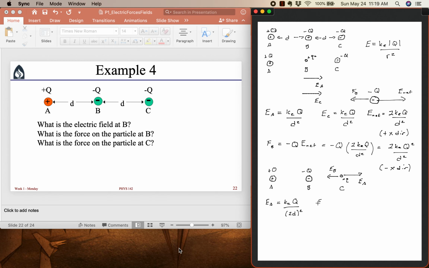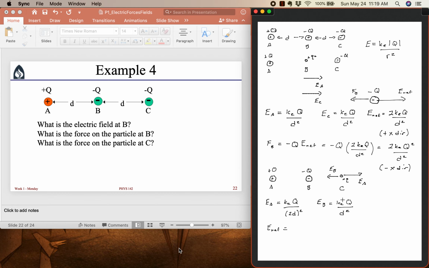So then I also need to find the electric field produced by charge B. So that's going to be Ke, the amount of charge at B is Q, and then the distance between B and C is d, and then that gets squared. So now if I want to find the net electric field, these two electric field vectors are pointing in the opposite direction. So I have this electric field vector that points in the positive x direction, and then this electric field vector that points in the negative x direction.